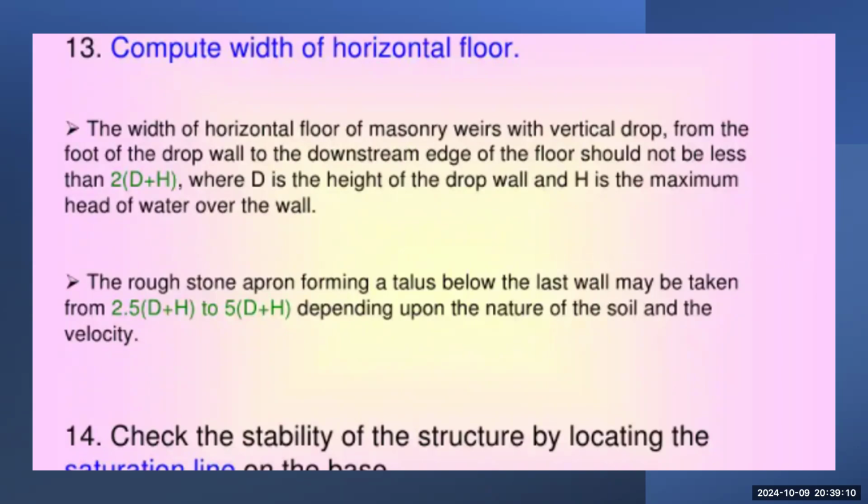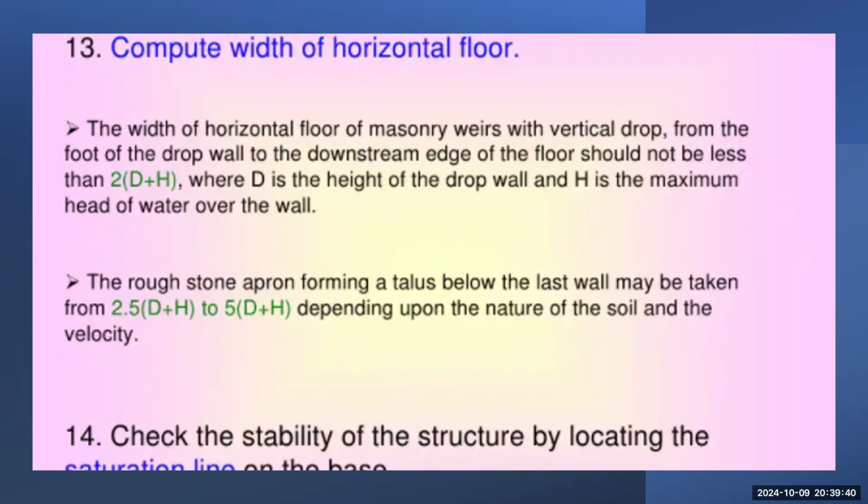Similarly, after the end of the horizontal floor, a stone apron, which is also called a talus, should be constructed, and its length may be taken as 2.5 times (d plus h). So after the horizontal floor, which may be constructed with concrete, at its end the rough stone apron, called a talus, is constructed.